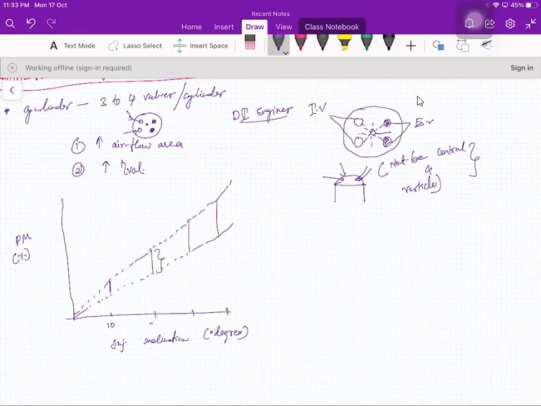If the injector is varied 5 degrees from its vertical position, this is the range of PM, delta PM. The same for 15 degrees, so this is delta PM.